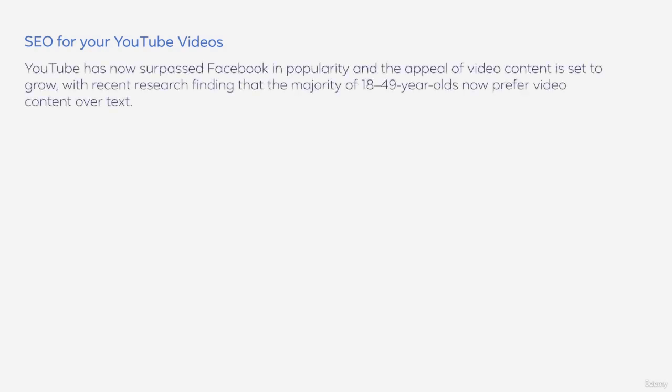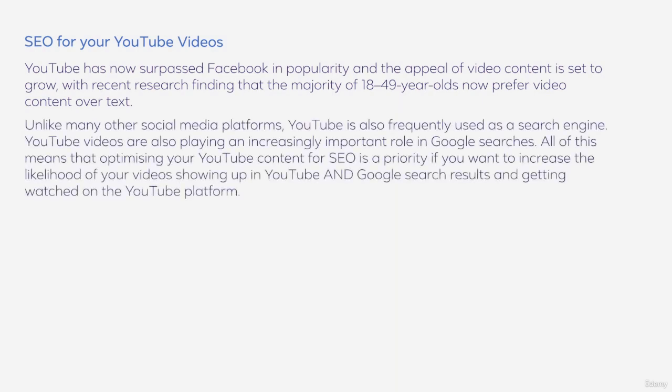SEO for your YouTube videos. YouTube has now surpassed Facebook in popularity, and the appeal of video content is set to grow, with recent research finding that the majority of 18 to 49-year-olds now prefer video content over text. Unlike many other social media platforms, YouTube is also frequently used as a search engine.